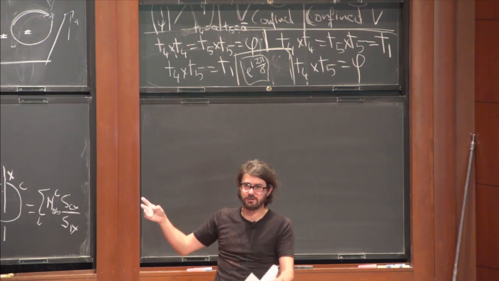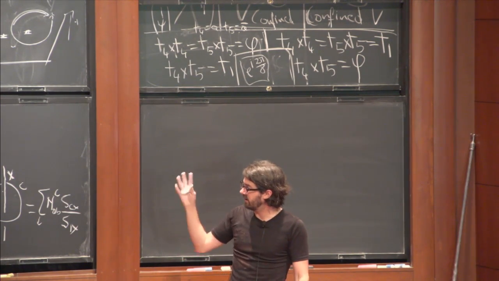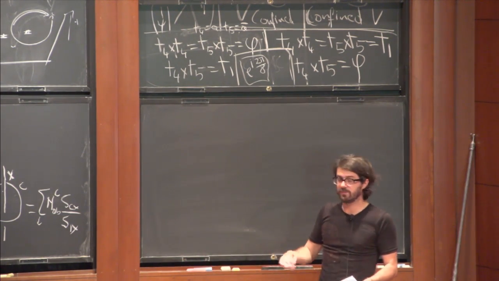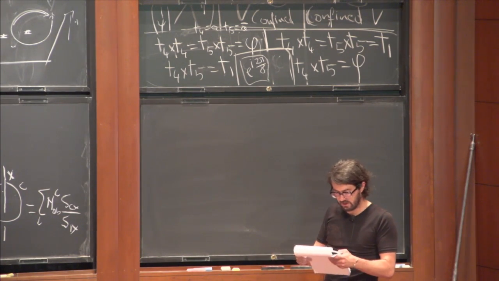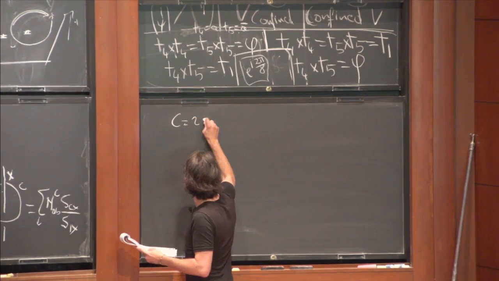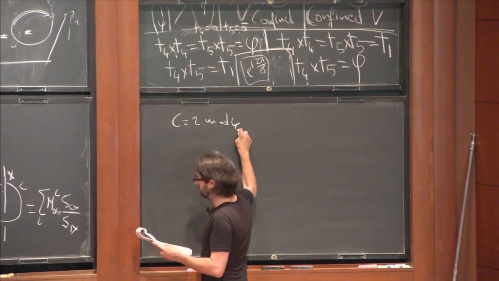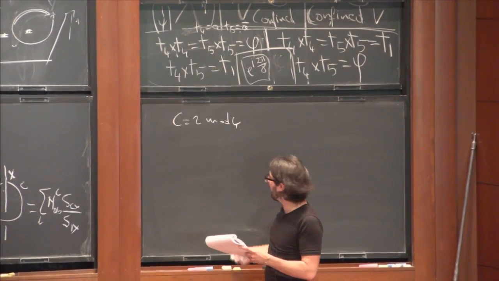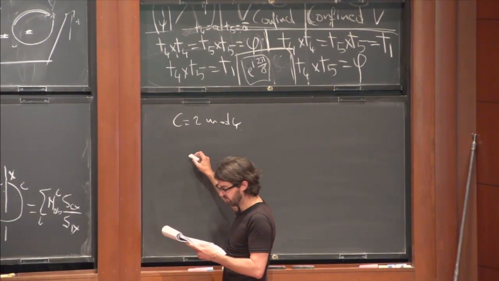Well, I can't show that they're the same as that hand-wavy way of getting the phases, but you can use that as an exercise. In any case, if I look at c equals 2 mod 4, you can just do this and find out that there are two S matrices.